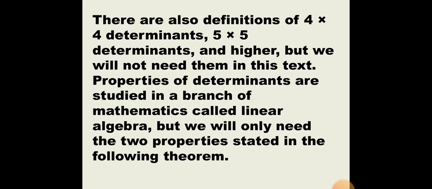There are also definitions of 4 by 4 determinants, 5 by 5 determinants, and higher, but we will not need them in this text. Properties of determinants are studied in a branch of mathematics called linear algebra, but we will only need the two properties stated in the following theorem.